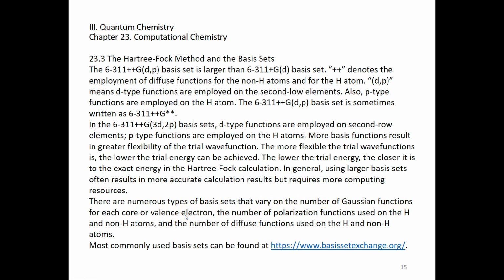And they also vary in the number of polarization functions, diffuse functions, and their parameters. So how many basis sets are there? I think there are at least several hundred different kinds of basis sets. And you can find the most commonly used basis sets in this website. You can just Google basis set exchange and you can find this website.